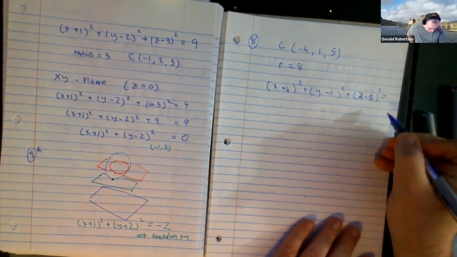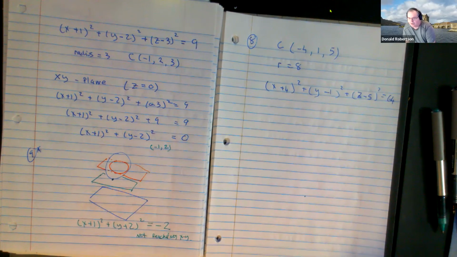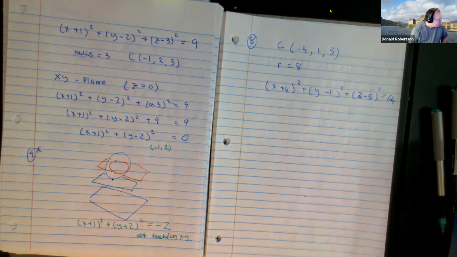Right. Now that you've created this, couldn't you then answer questions like what happens when it cuts the XY plane, the XZ plane, or the YZ plane? And the answer might be the equation of a circle. It might be a single point, or it might be it never does it, right? It misses it totally. And that's what question 8 was about.